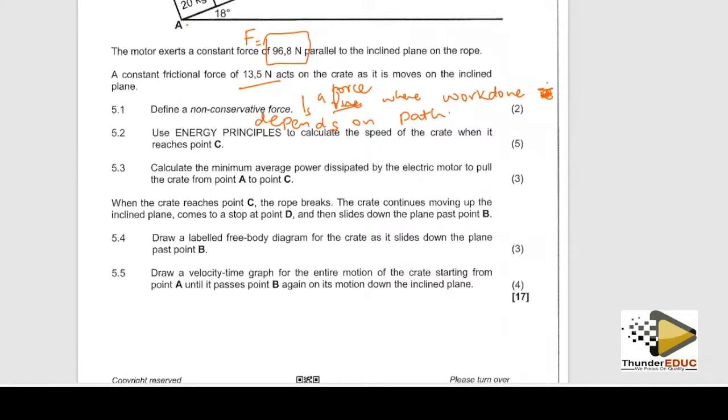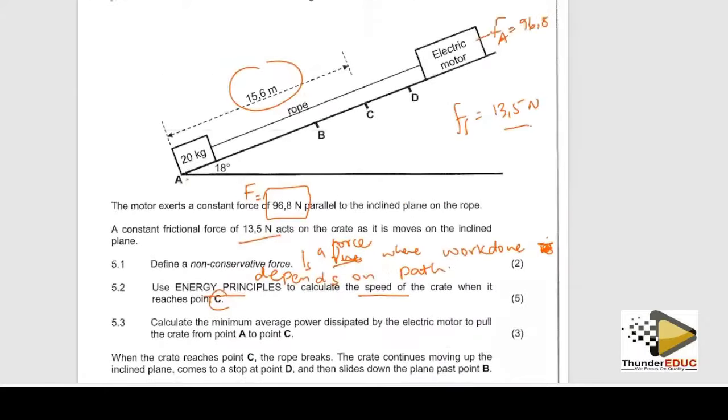All right, then 5.2. Use the energy principles to calculate the speed of the crate when it reaches point C. So what I see is that this crate is somewhere there at point C. What forces will be acting on this crate? I can see the force applied. I just want the forces that are acting along the incline. And since it was moving upwards, there's a frictional force somewhere there.